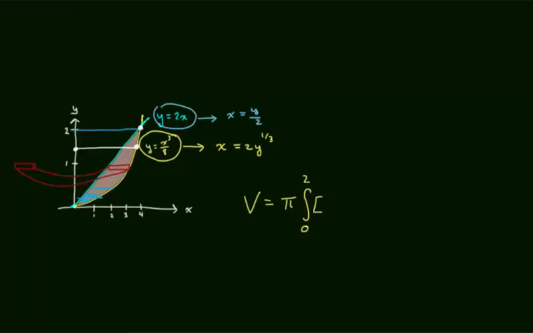Our outer radius, already shown in that white line drawn, is going to be 2y to the 1/3, squared, and then our inner radius is going to be from axis to line, so that's simply going to be y over 2, squared. And then the thickness of every one of these rectangles, and hence washers, is going to be dy.